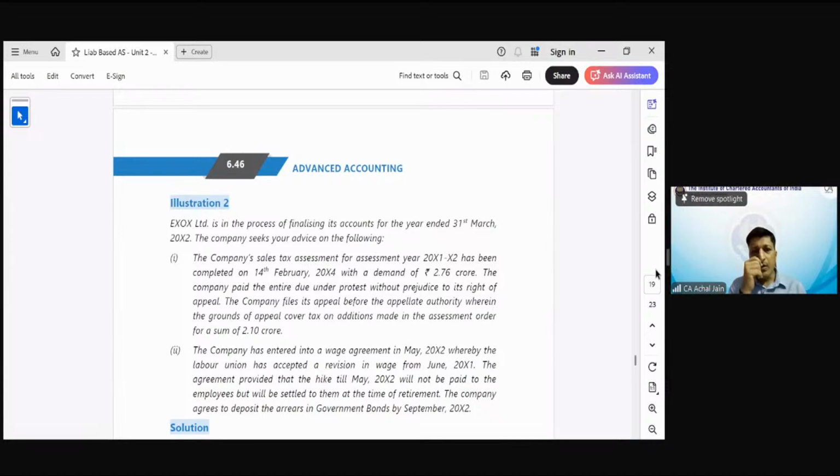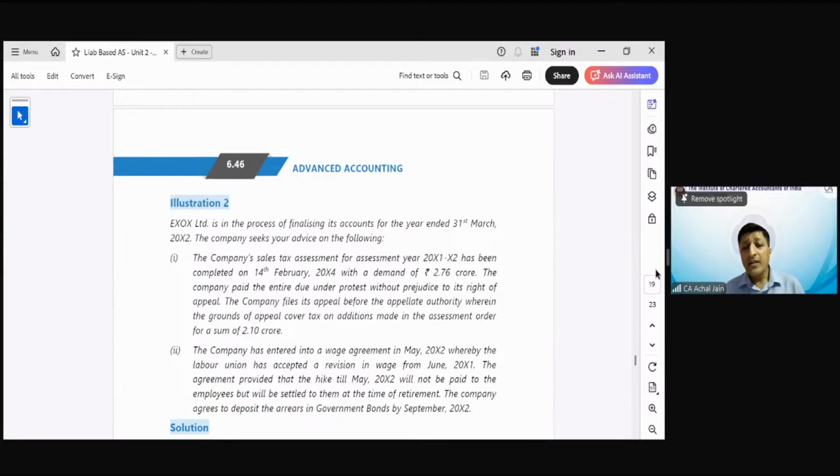Okay, so part number 2. For the financial year X1, X2, the company has entered into a wage agreement in May X2, whereby the labor union has accepted a revision in wages from June X1.